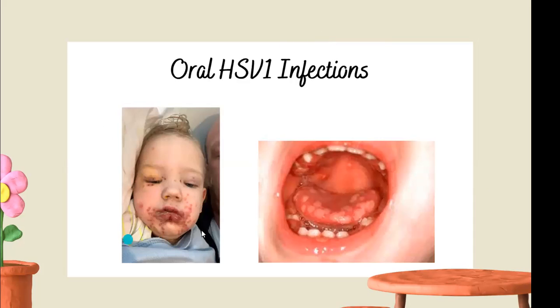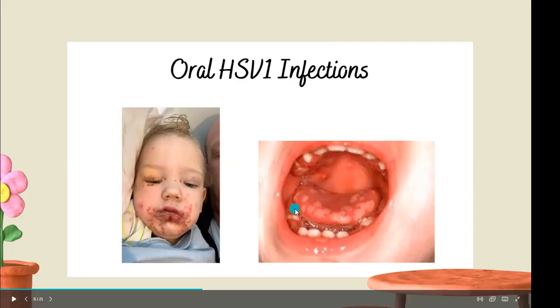This is what exactly it looks like to have an oral herpes virus serotype 1 infection: skin lesions around the lips of the baby.